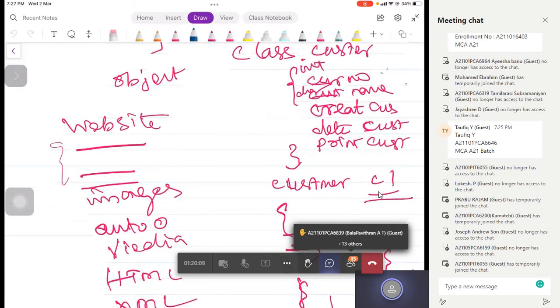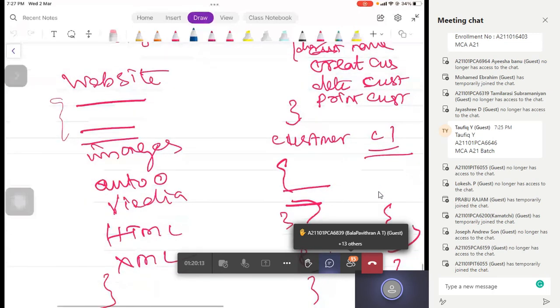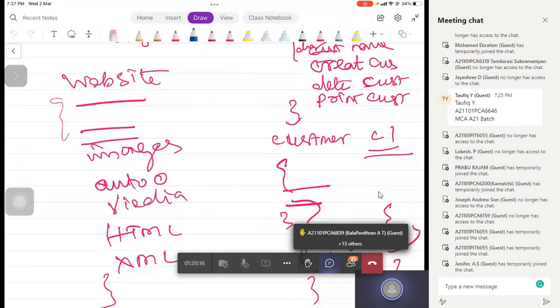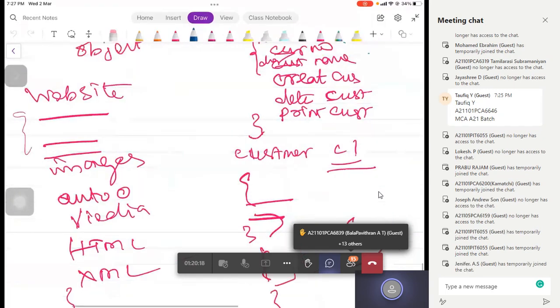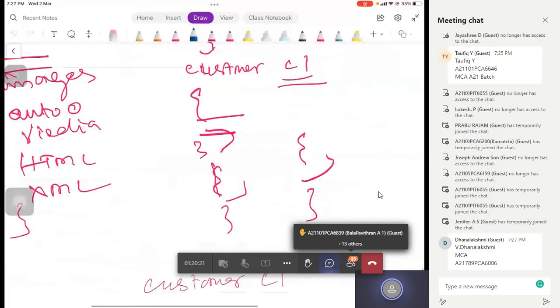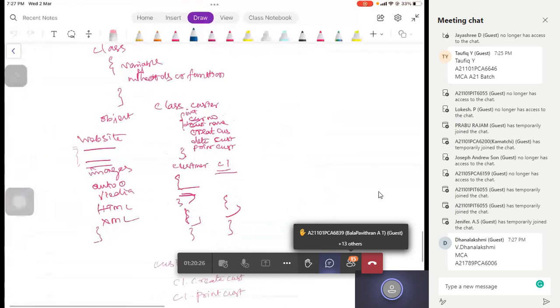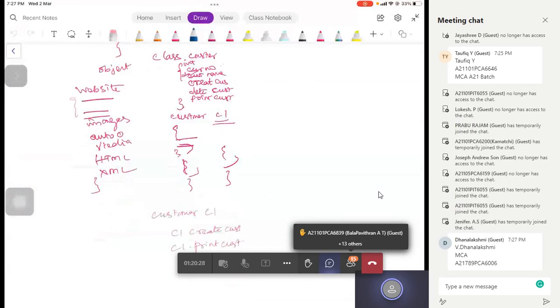For example, in a website, there are so many images, audios and videos, HTML, XML, so many things may come. So customer's ID and customer information are handled by create customer. How can you access that?